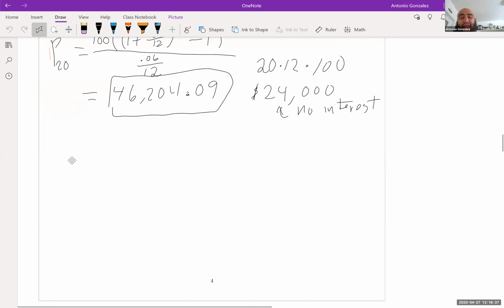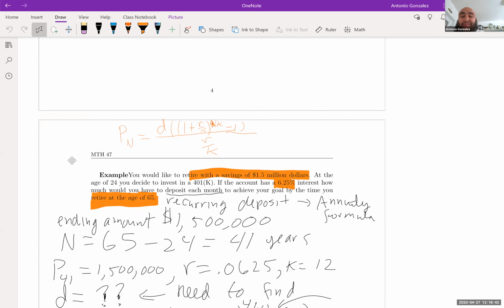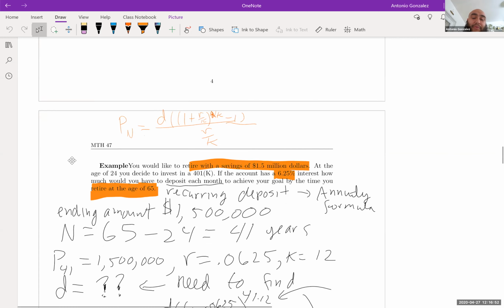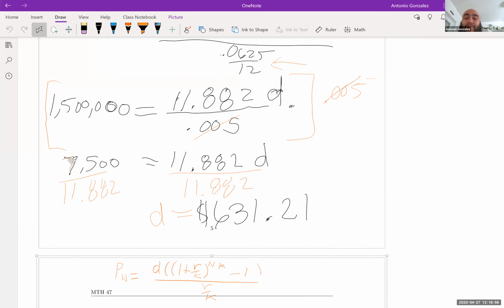And then we looked at, well, let's say that I had a goal in mind. I said, all right, my goal was to save $1.5 million by the time that I retired. And we looked at two different scenarios, right? One where we started saving when we were 24, and if we did that, we calculated, all right, I'd be able to reach that goal by saving $631.21 for each month.